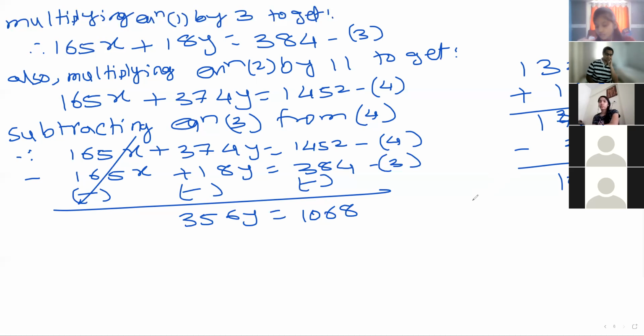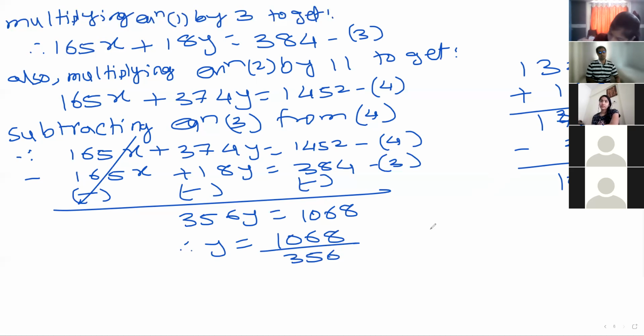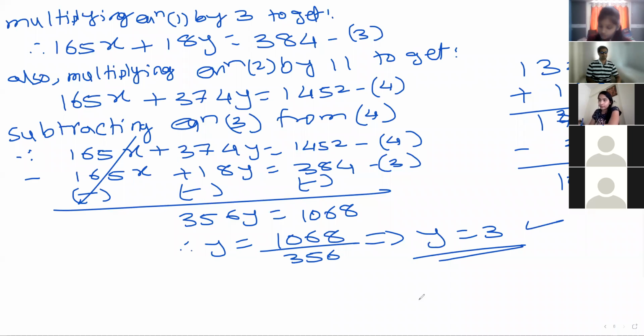And if you notice, this is divisible by 3. Although the numbers are big, calculations are easy. y is equal to 1068 upon 356. Do the calculations, you will get the answer. It is 3. Understood? Yes, sir. Great.